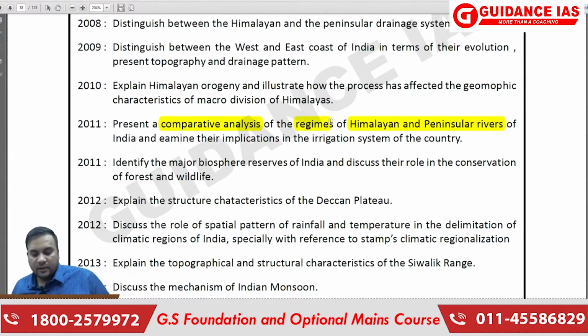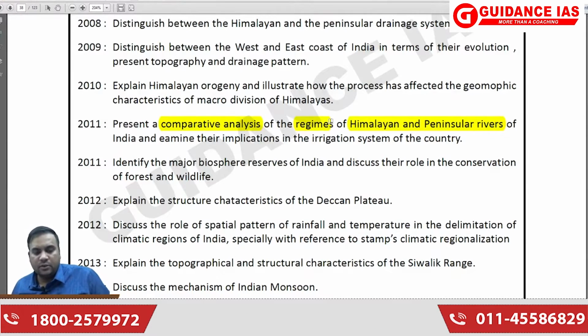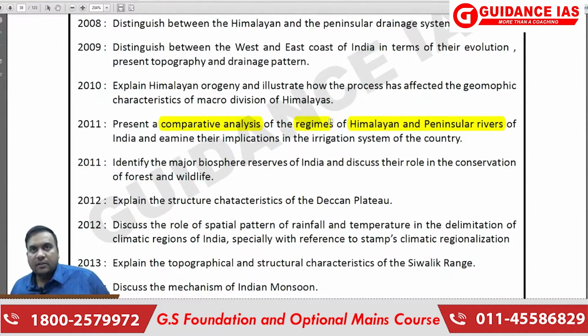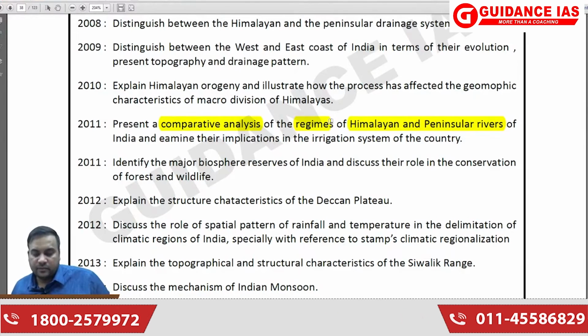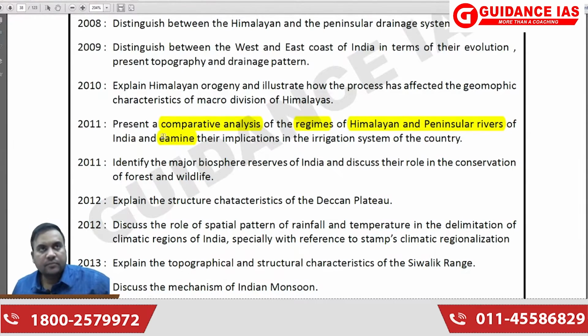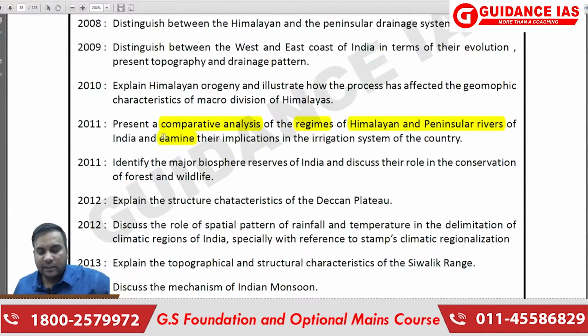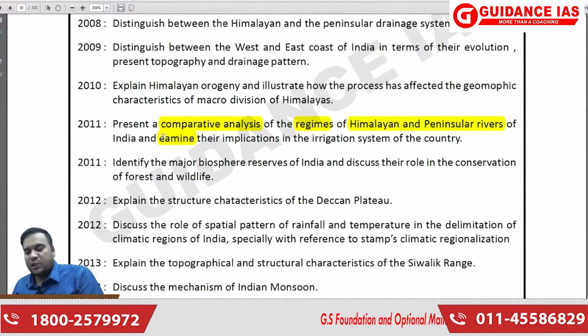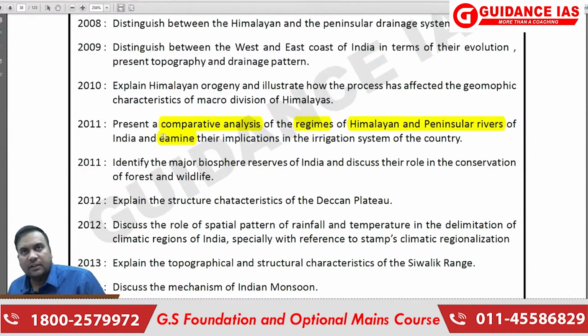Many times we just tend to forget other keywords which are there in the question. Like for example, here another keyword was examine. This keyword examine. Okay. Now, examine their implications in the irrigation system of the country.